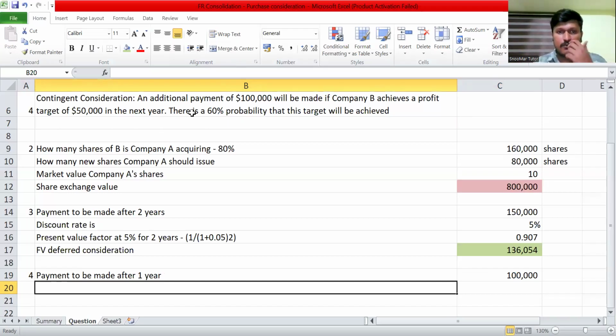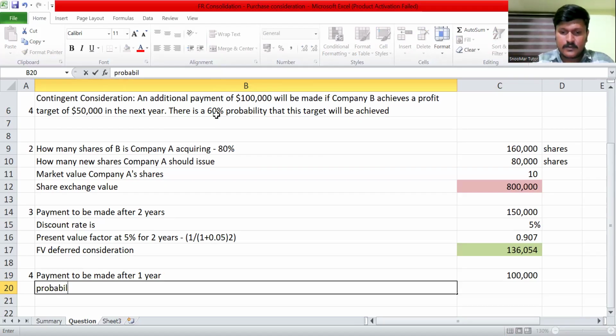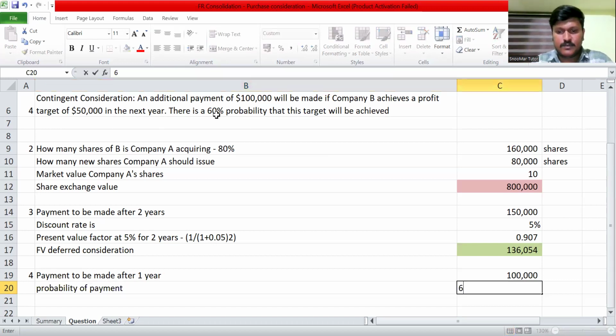But we have to see the probability for that. There is a 60% probability, so we need to consider the probability of payment. We are almost certain, 60%, it's probable. The probability of payment is 60%.